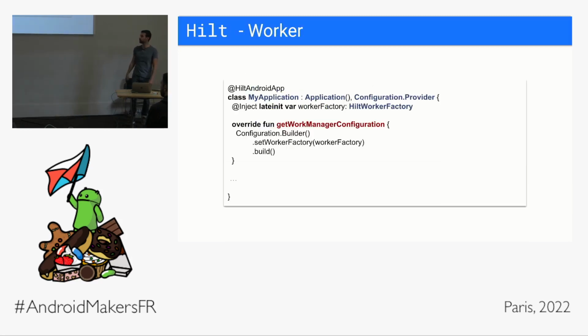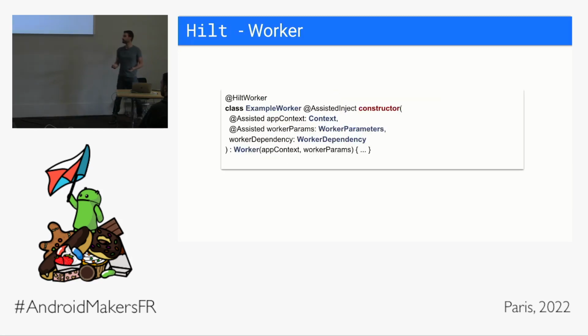You also have a way to perform dependency injection in workers. It requires a bit more configuration, but that's pretty much all it needs. In the application class, you need to add a worker factory dependency and add the getWorkManagerConfiguration method, and that's it.